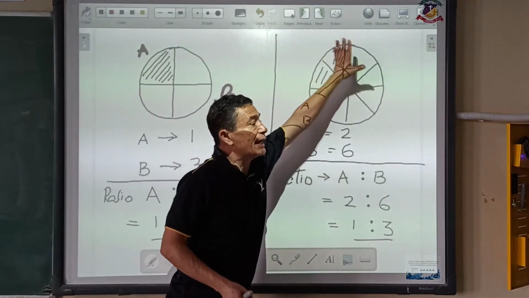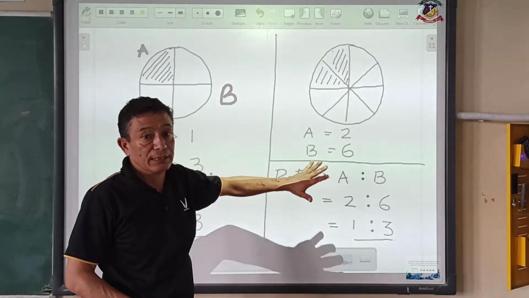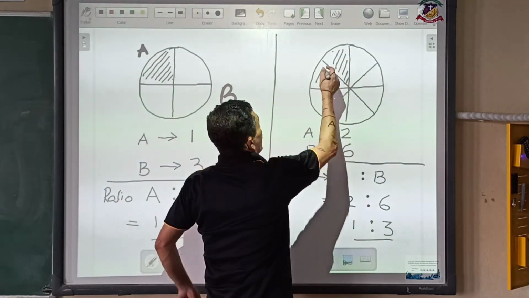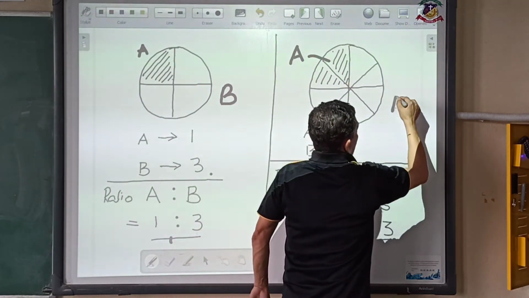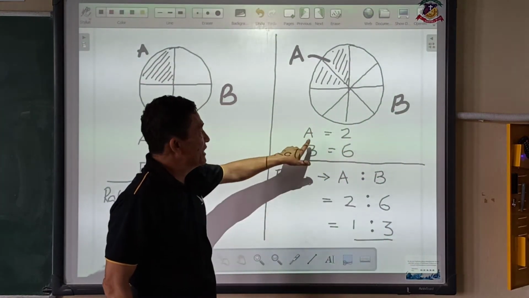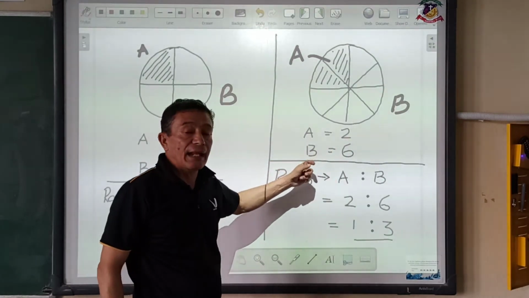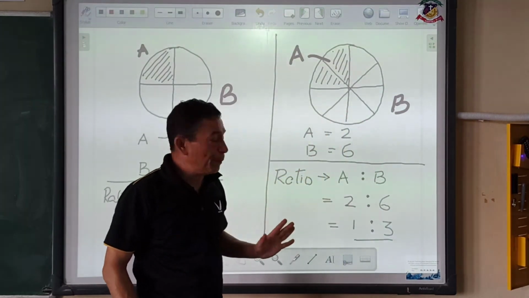Now, the same cake, if I look at the other side, has been divided into 8 parts. Out of the 8 parts, 2 of these shaded ones belong to A and the unshaded ones belong to B. Now, in this case, A has 2 parts and B has 6 parts. Together, the total is 8 parts.